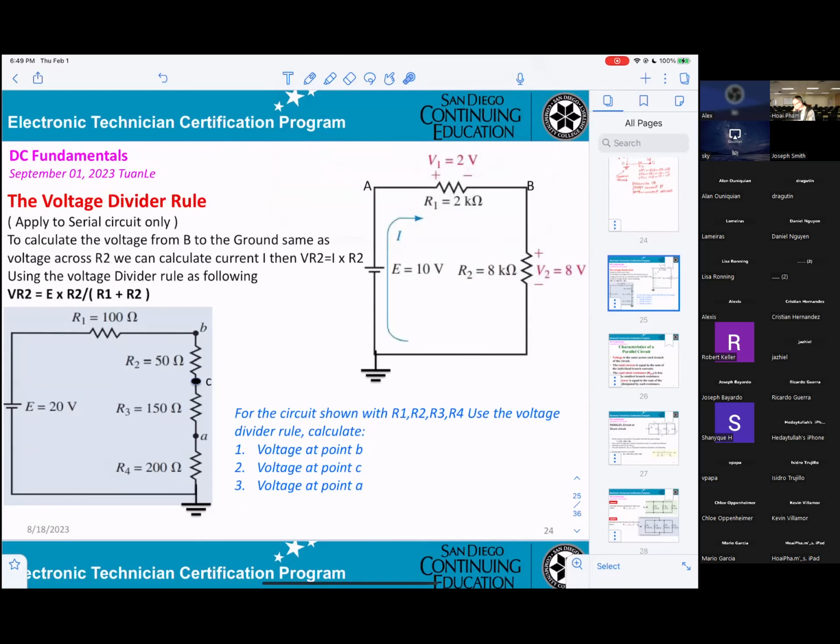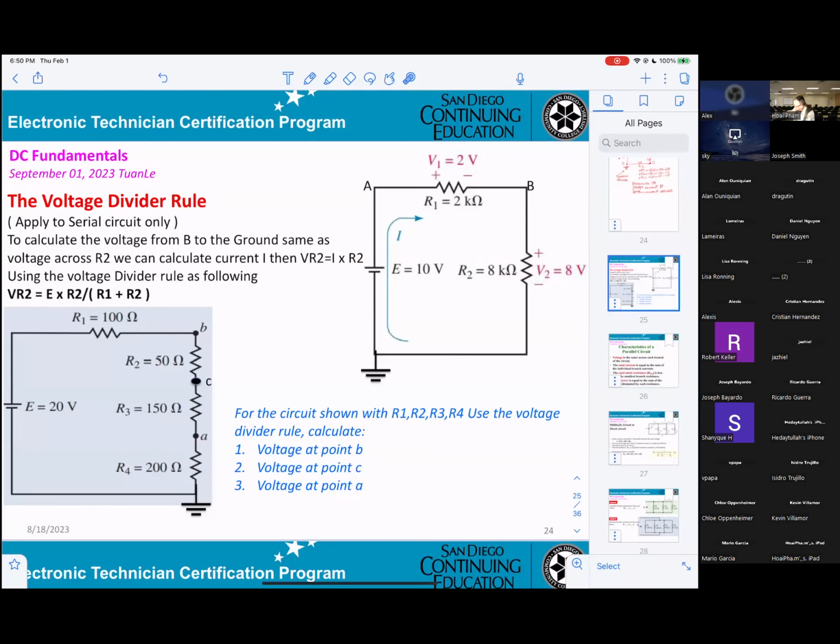If you want the total resistance, 2K plus 8K. If you want to get the current, you take the power divided by the total resistance. You get the total current. Okay?